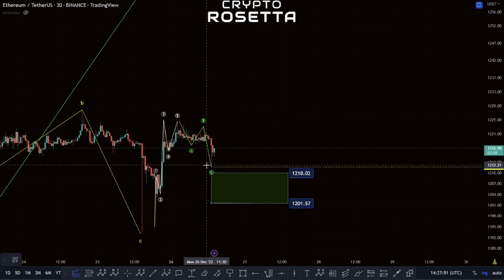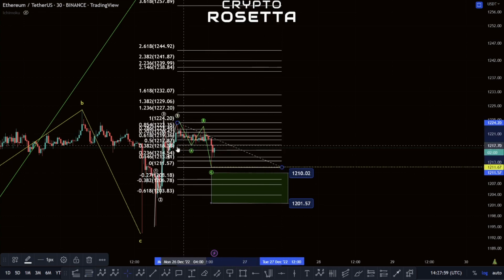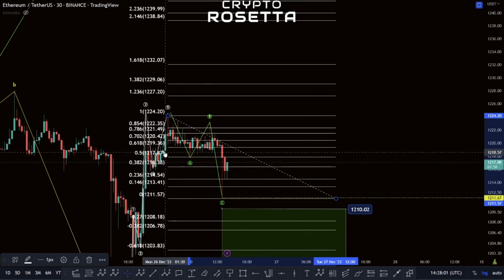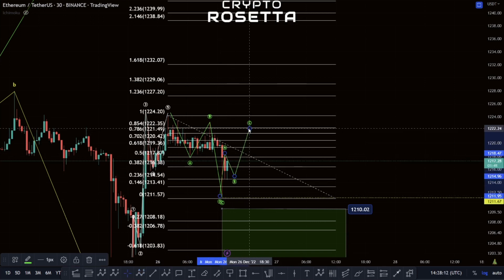So there's two things that can happen here. Either this ABC is completed, or we continue to the downside again, and we look potentially for rejection at a maximum of this 1221 zone, and we look for something like this where we form an A, a B, and then we push up for a C wave, and then we continue to the downside.